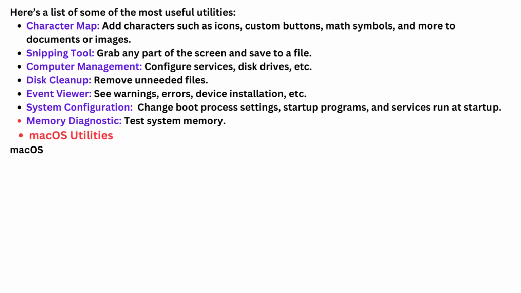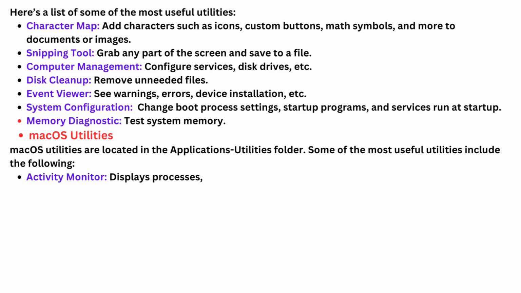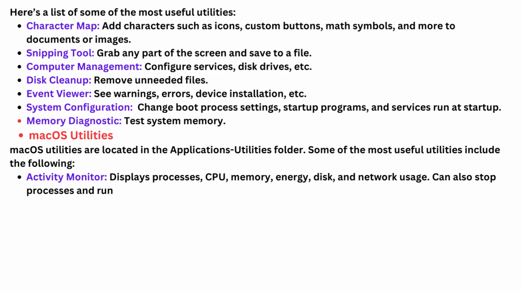macOS utilities. macOS utilities are located in the Applications Utilities folder. Some of the most useful utilities include the following. Activity Monitor displays processes, CPU, memory, energy, disk, and network usage. It can also stop processes and run diagnostics.